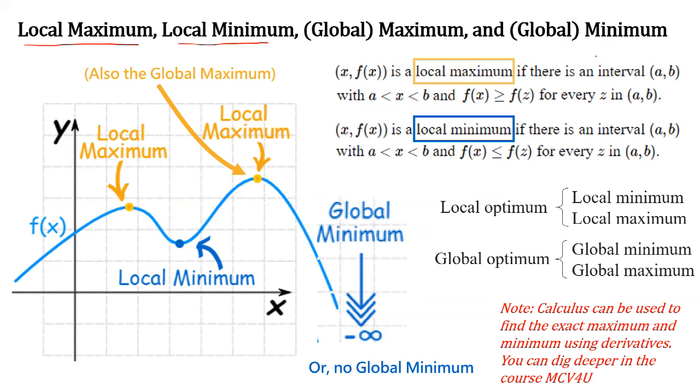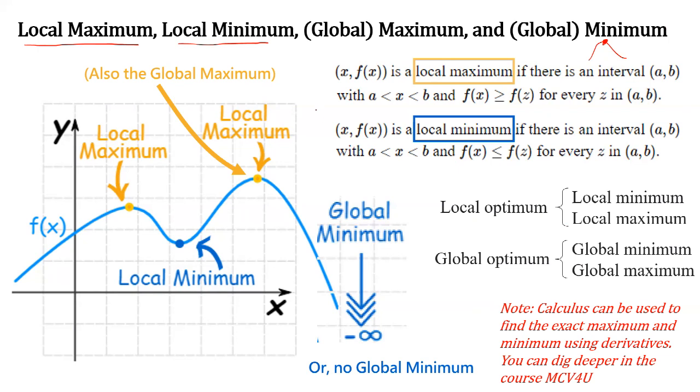So intuitively, if a function looks like this, this point here is called a local maximum, right? And by definition, the point (x, f(x)) is called a local minimum if there is an interval (a, b) with x greater than a, less than b, and f(x) is smaller than or equal to f(z) for every z in this interval.